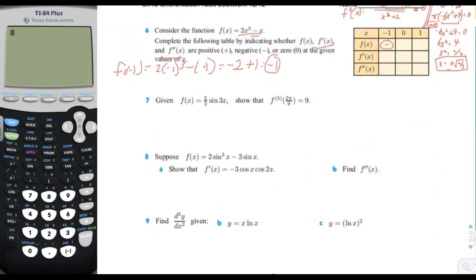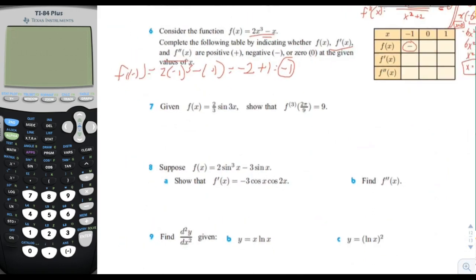What about f of 0? F of 0 would be equal to 2 times 0 minus 0, which would just be 0. F of positive 1 would equal 2 times 1 minus 1, which is equal to 2 minus 1 equals 1. That's positive.